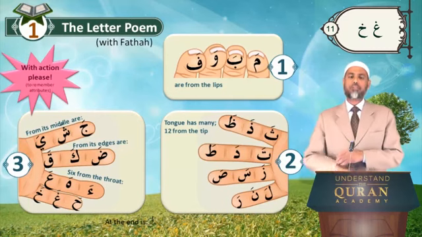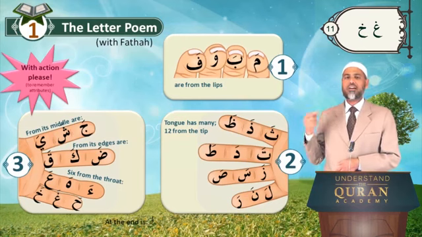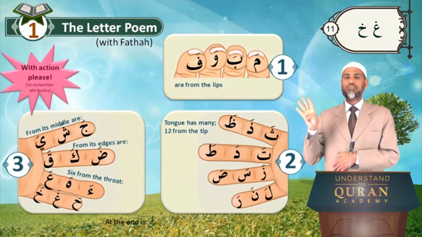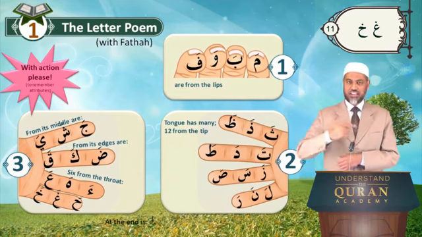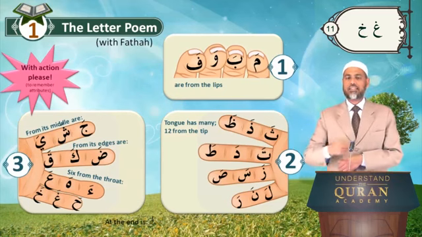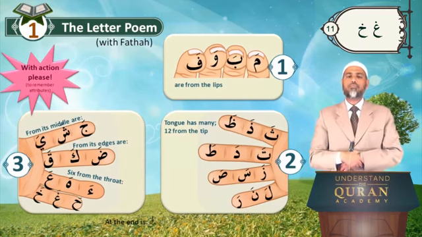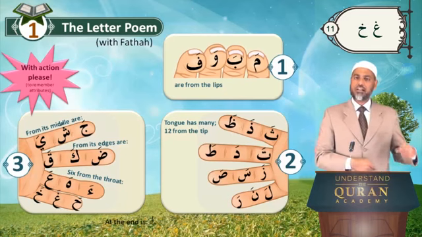Let's start with our letter poem, the beautiful poem. Ma, ba, wa, fa are from the lips, tongue has many, 12 from the tip. Ta, da, dha, ta, da, dha, ta, da, ta, za, sa, sa, la, na, ra. From its middle are, middle of the tongue, ja, sha, ya.